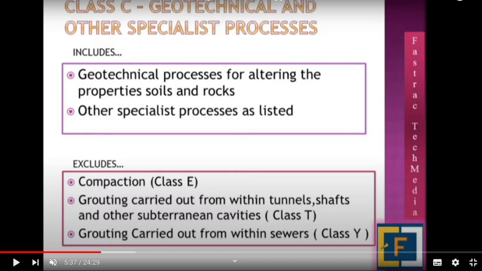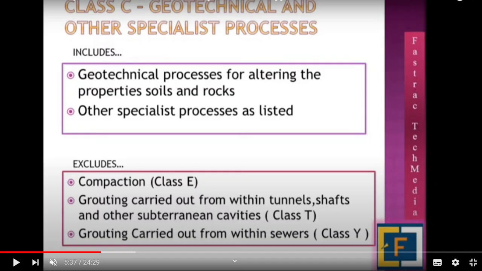So here, geotechnical process for altering the properties of soils and rocks is included. Other specialist process as listed is included. What does that mean? That means class C covers these two types of work.